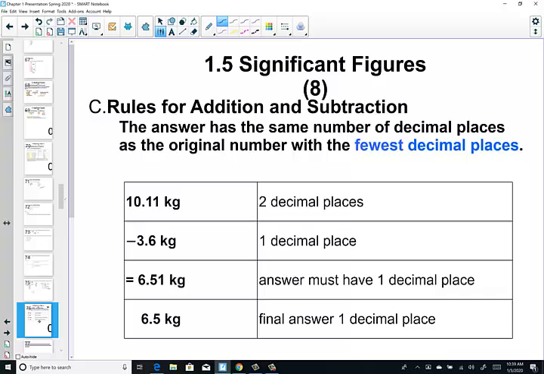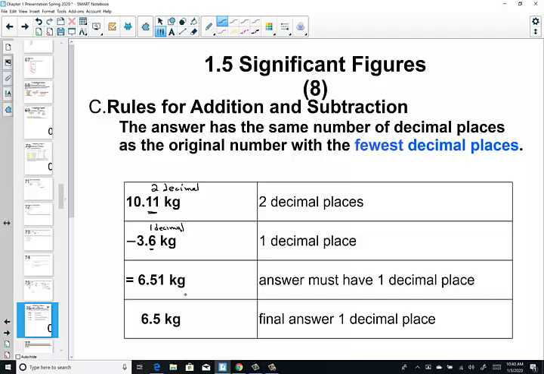For instance, 10.11 kilograms has 2 decimal places. Minus 3.6 kilograms has just 1 decimal place. When I subtract, my calculator would read 6.51 kilograms.